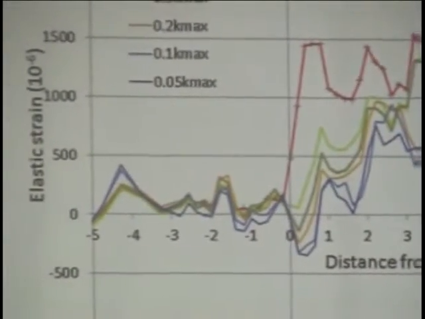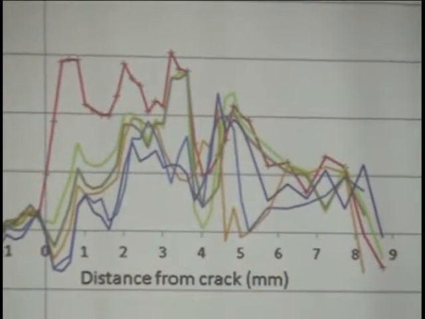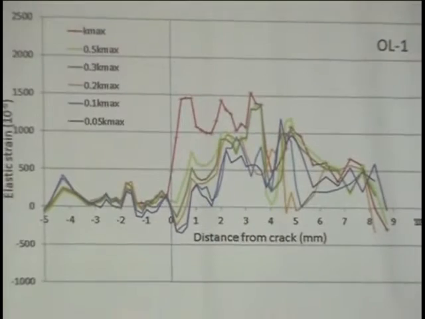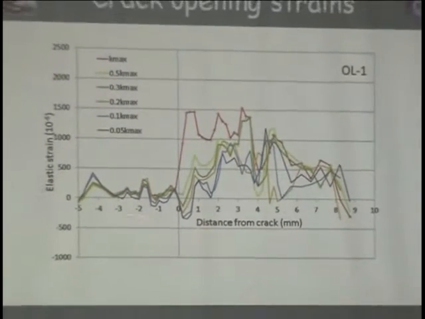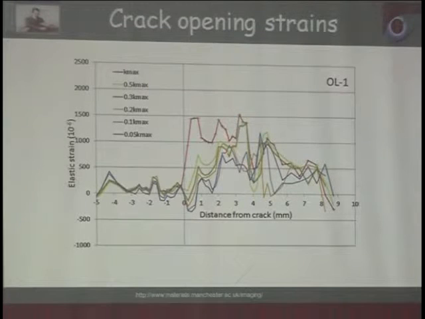There's grain to grain scatter here, and you can see that the grains reproducibly produce the same kinds of oscillations in all of the load cases. So you can see very clearly the crack tip, but you can also see lots of scatter here, and you can see the unloading event, and you can see some compression here due to reverse plasticity, maybe up to about 1 millimeter from the crack tip.